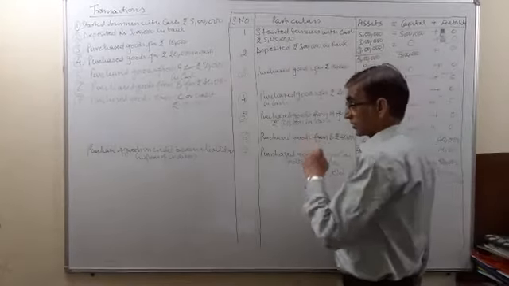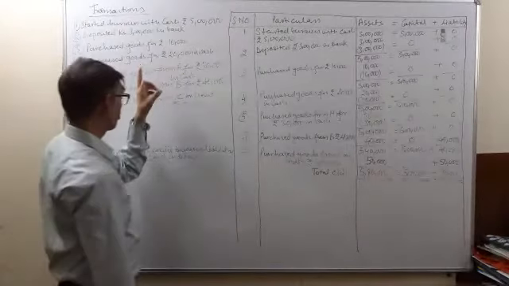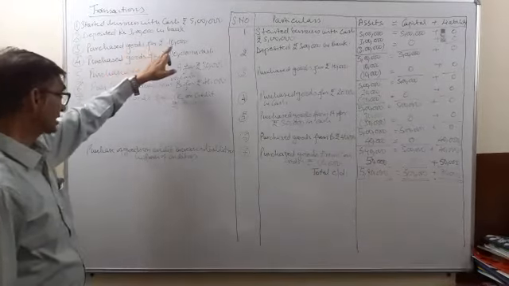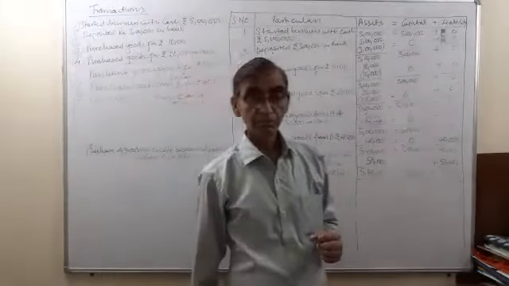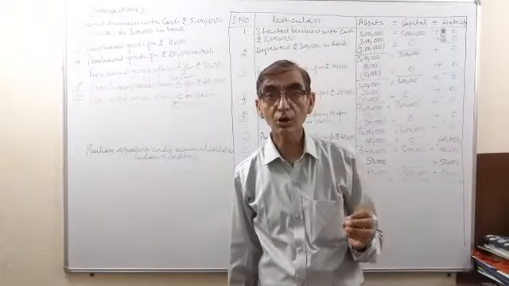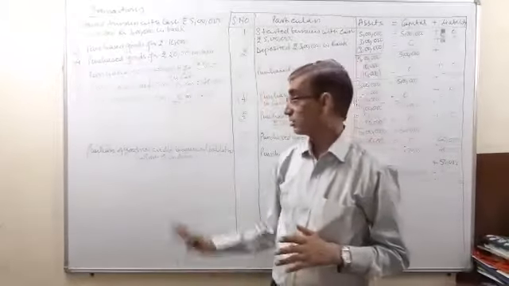Now the third transaction, you have purchased some goods for rupees 10,000. Purchase goods for rupees 10,000. Now in this transaction, it is not mentioned whether the goods were purchased on cash basis or on credit basis. Nothing is mentioned.